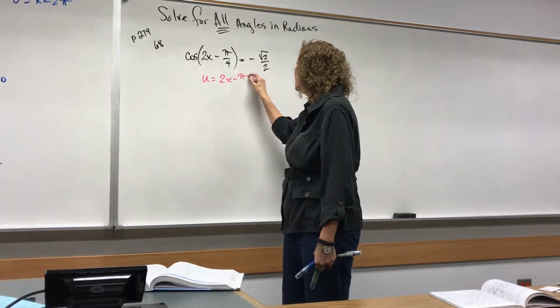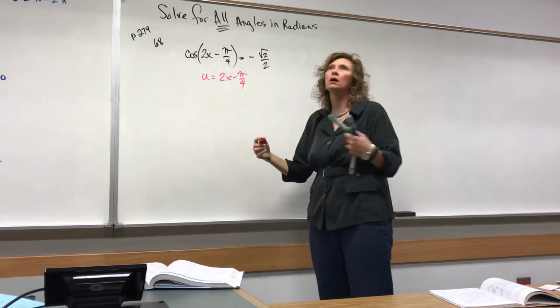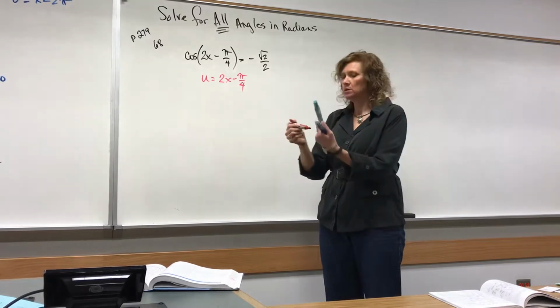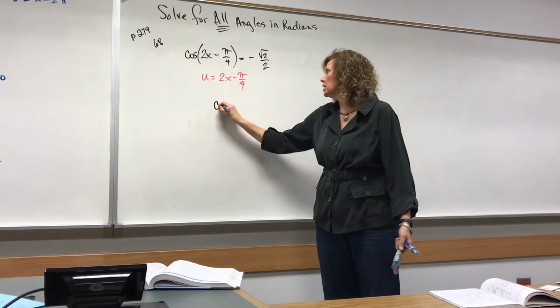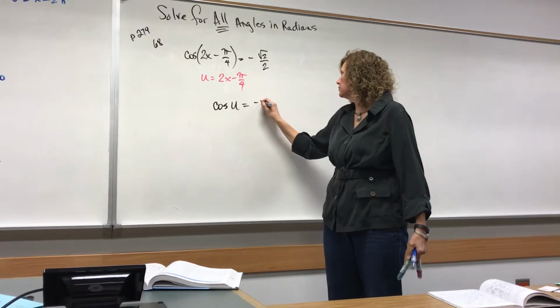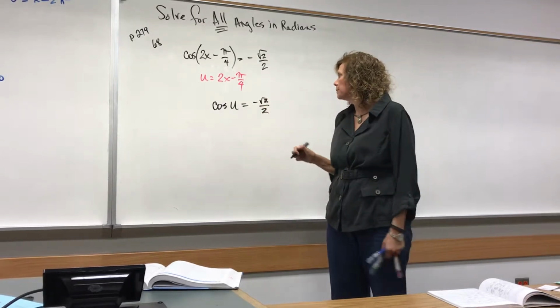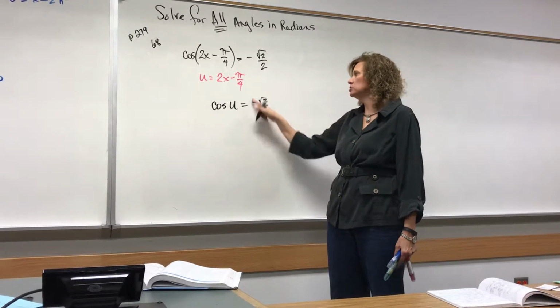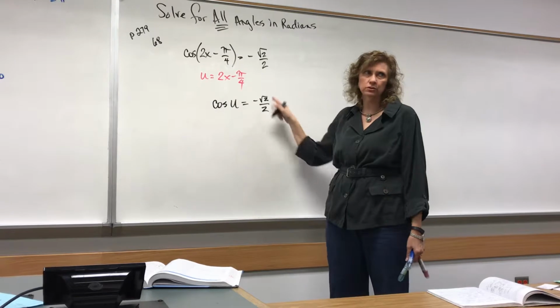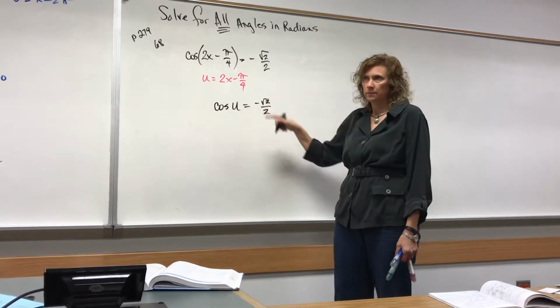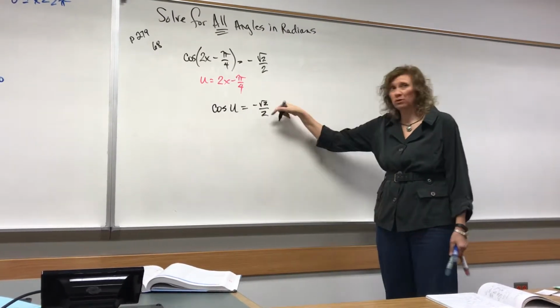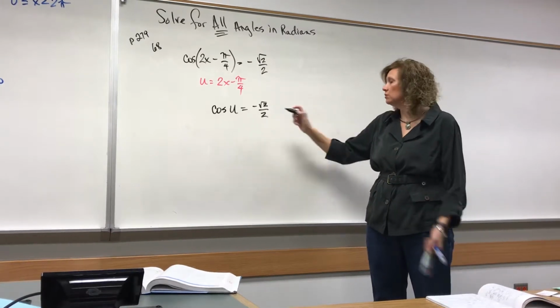Because once you do that, you're like, what should you be doing with this negative root 2 over 2? Drawing a triangle. We could draw a triangle, or we might want to make it our basic ratio.